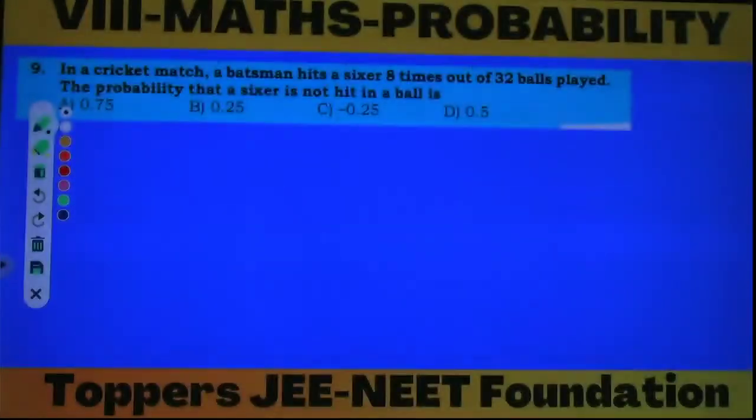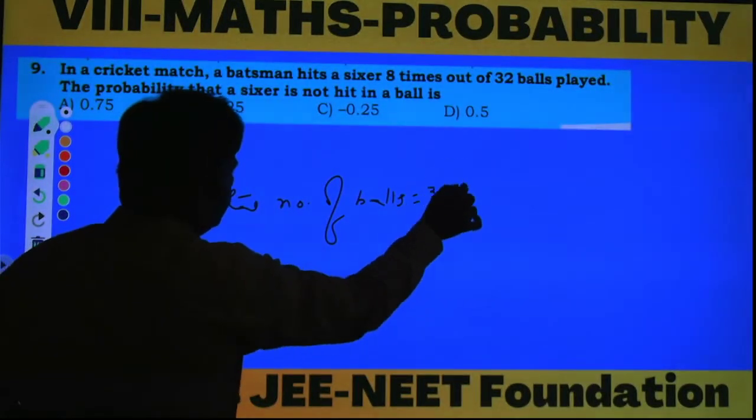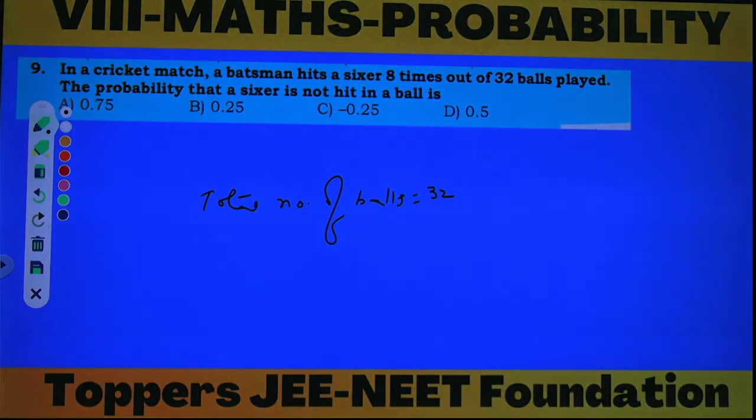Total number of attempts or total number of balls, both give the same meaning here. Total number of balls is 32. Out of this 32, 8 times he scored a 6.